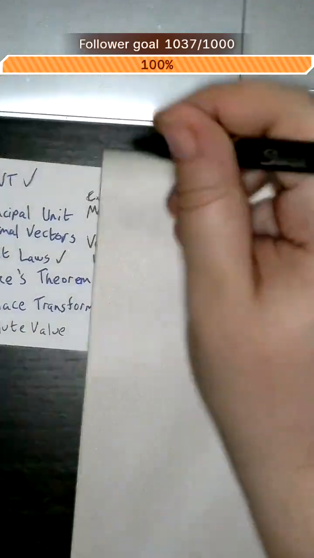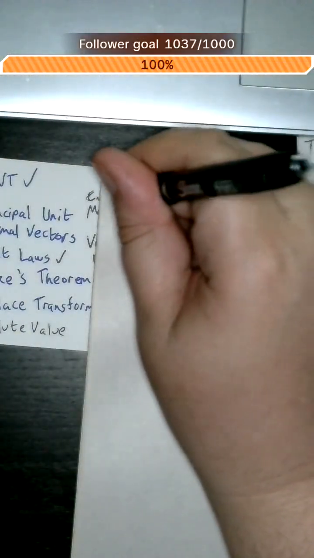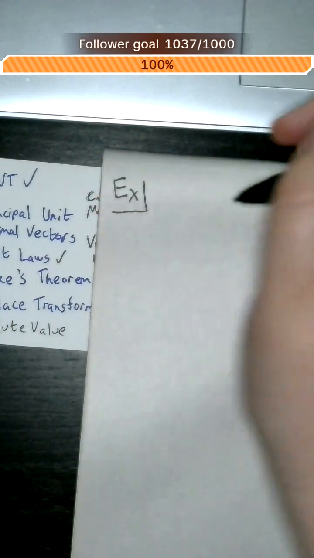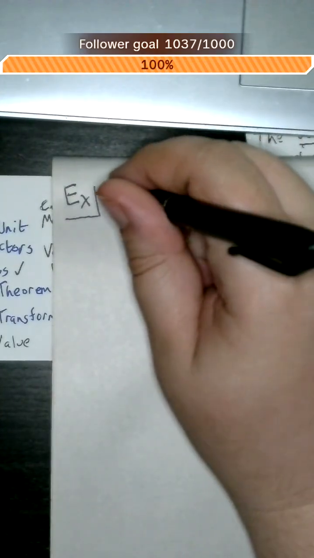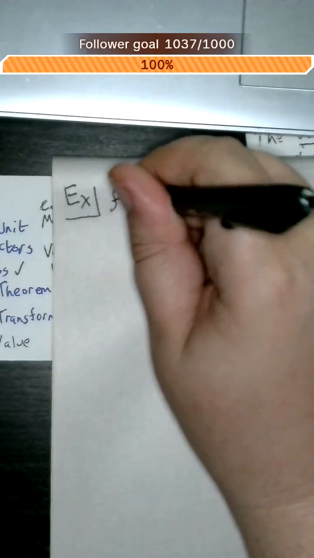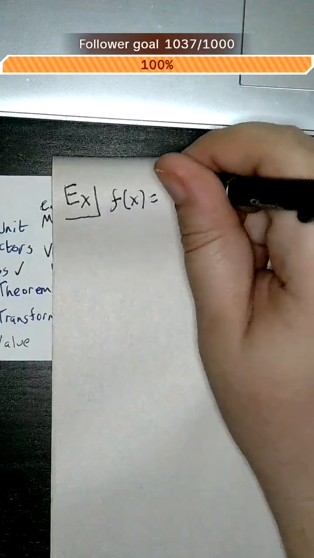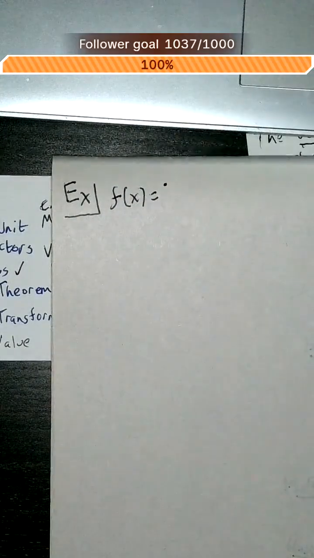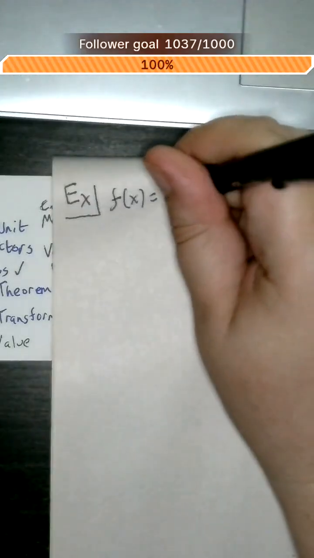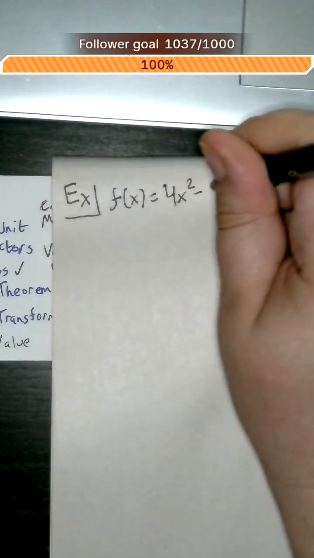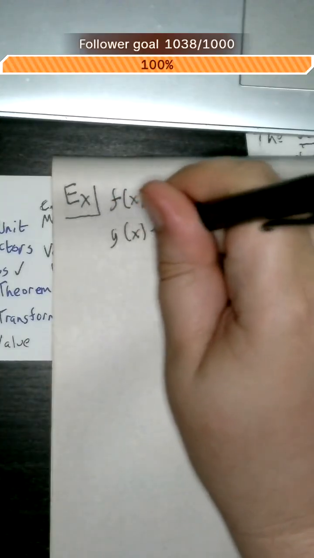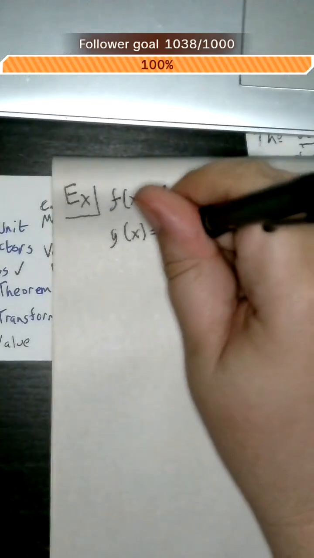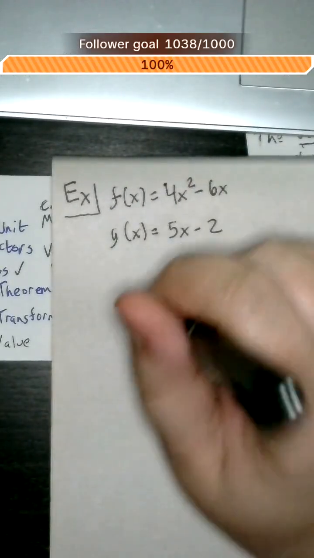So, example. Let's say f of x is equal to 4x squared minus 6x, and g of x is equal to 5x minus 2.